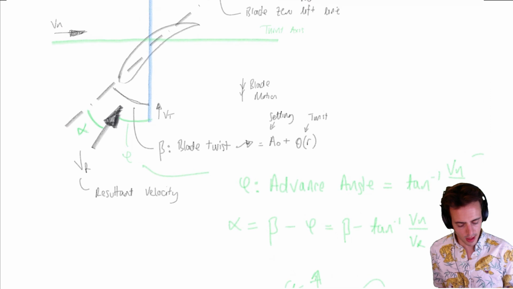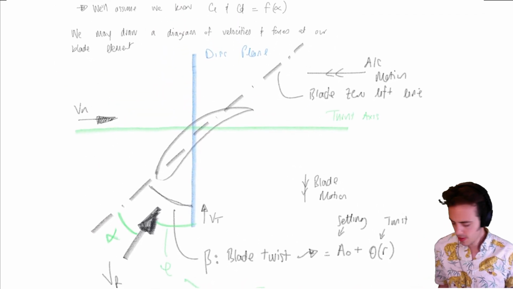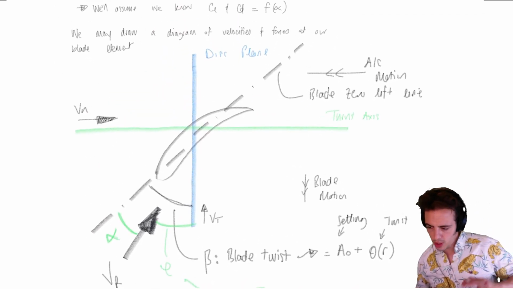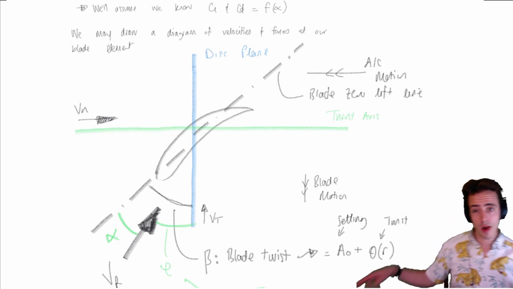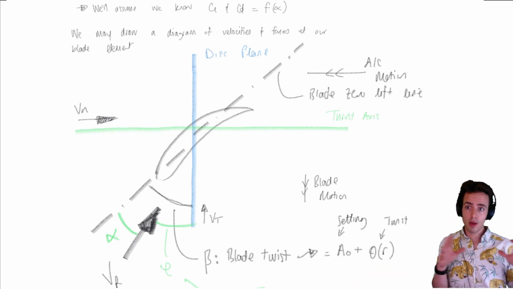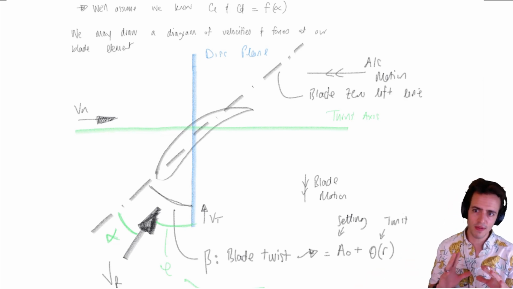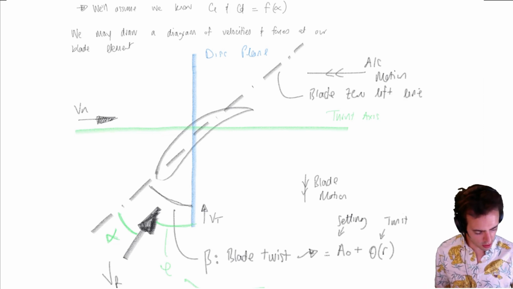The faster we fly, the less thrust that we produce on our propeller. We're talking about that intuitively and just looking at these equations. We'll show that when we actually code all of this up. If you're having trouble getting your head around that, don't worry about it too much, but we will cover it.